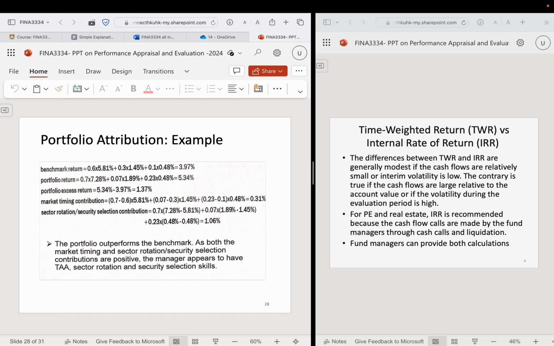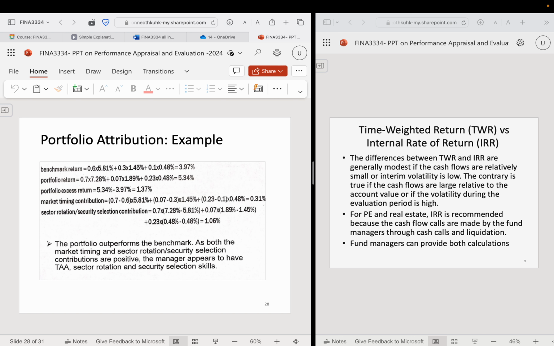Sometimes we may have a negative market timing effect, but have a better stock selection.